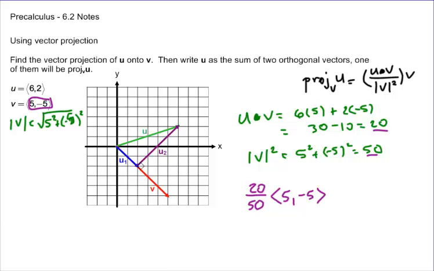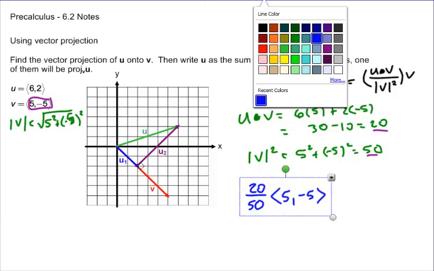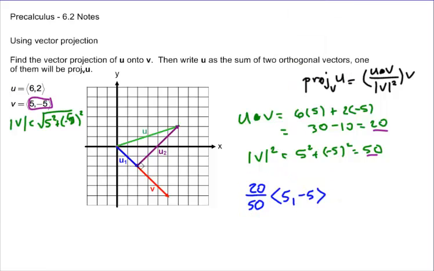So what we're finding then is the blue vector, that U1 vector.